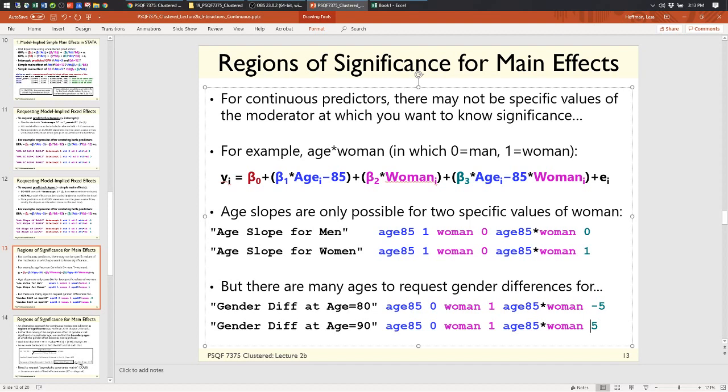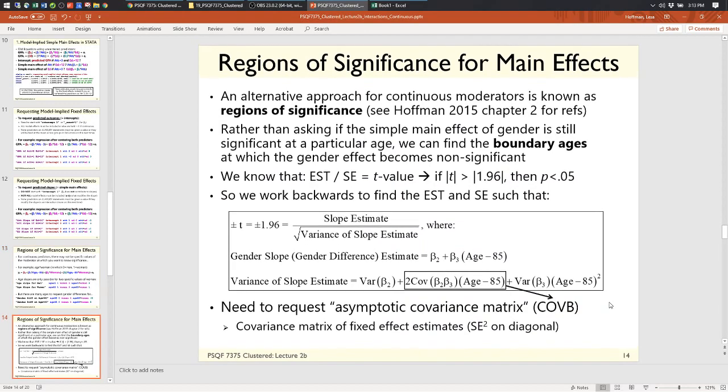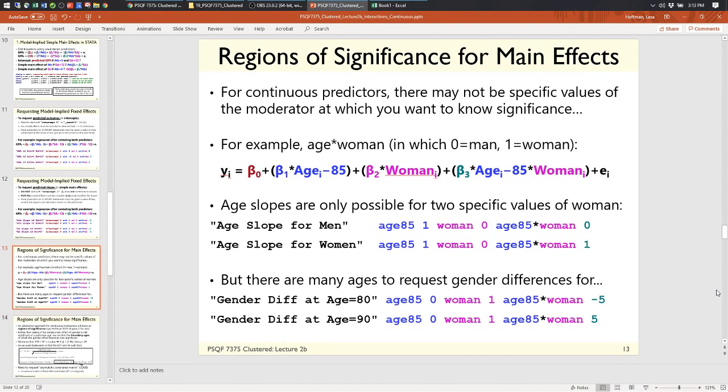Rather than trying to figure out what the simple slope is at each possible level of age, you can do something that is potentially a lot more interesting, which is known as regions of significance. You can figure out at what age the gender difference turns on or off.